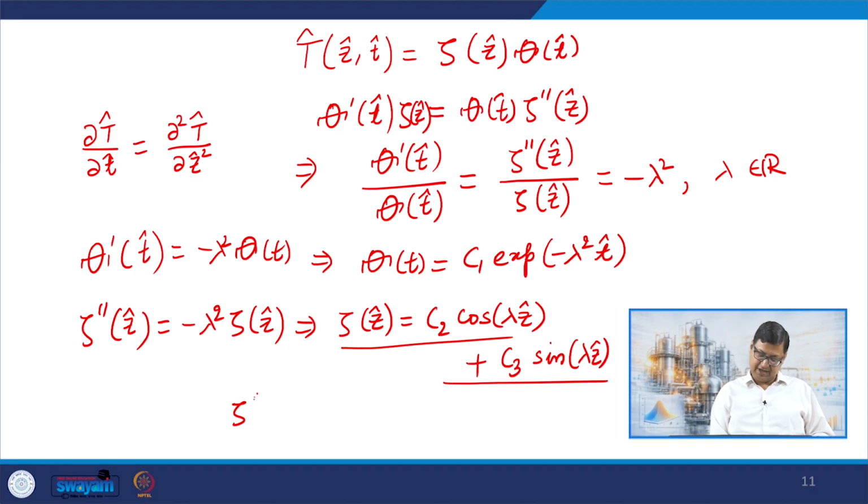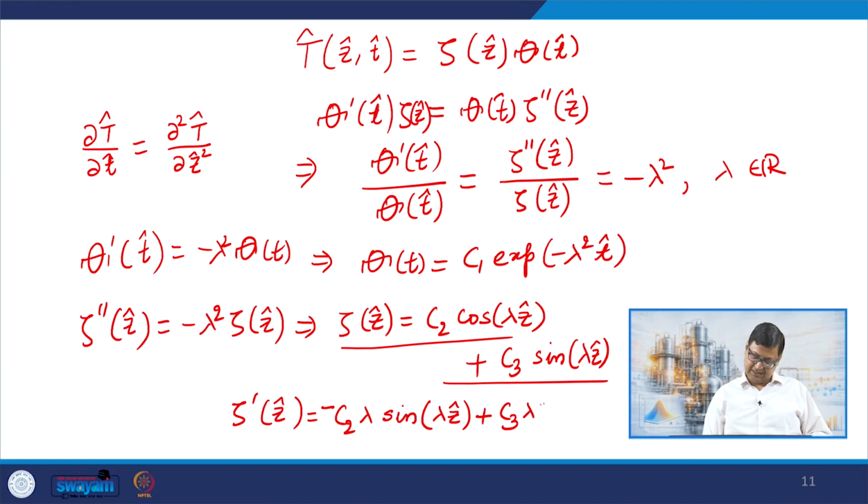So zeta prime(z cap) is given as minus C2 lambda sin lambda z cap plus C3 lambda cos lambda z cap, and if I put z cap equal to 0, the first term is going to 0, the second term will remain, and cos of 0 is equal to 1.